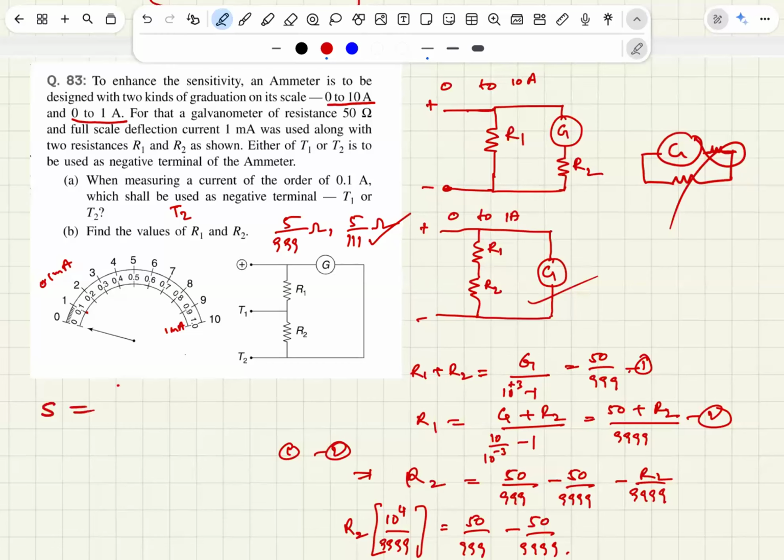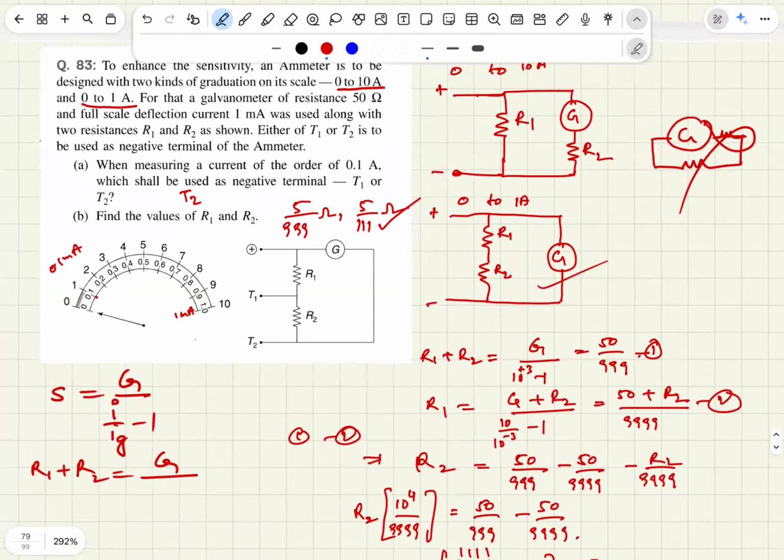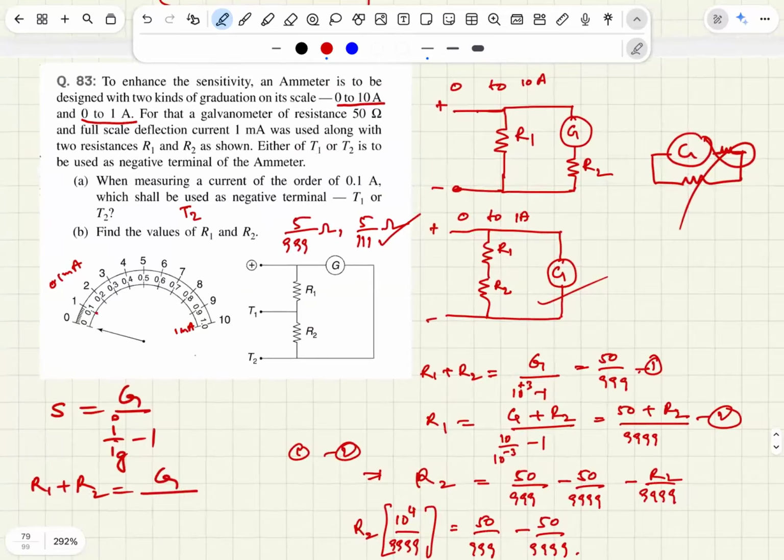the shunt resistance is G by I by Ig minus 1. The shunt is nothing but R1 plus R2, which is G by I, for 1 ampere and the other one is 1 milliampere.